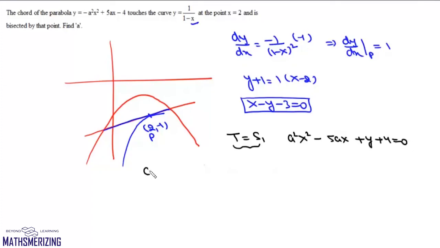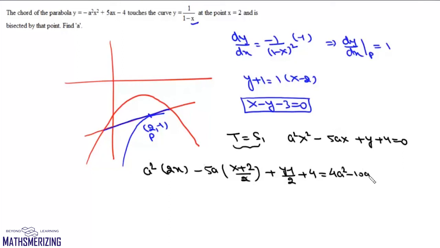Now we can write this as a square. Now x square is x into x1, so it will be 2x minus 5a into (x plus 2) by 2 plus (y minus 1) by 2 and then plus 4, and it will be equal to 4a square minus 10a minus 1 plus 4. Now this 4 and 4 will cancel.